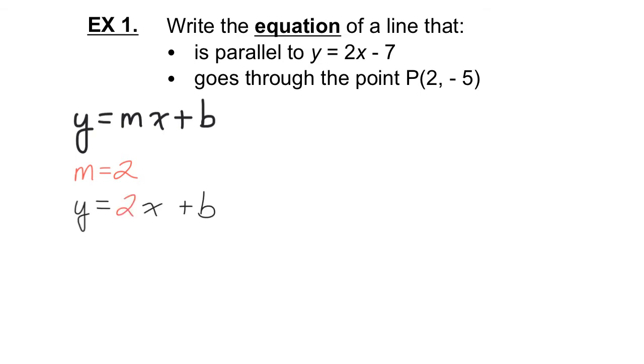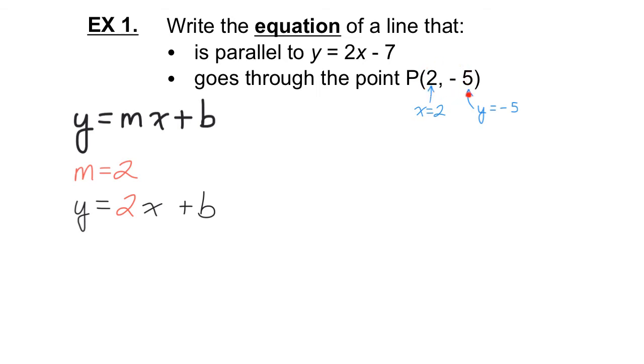Now we have to figure out the y-intercept, b. Well, the only other piece of information we know is that our line goes through this point. So we can use this to figure out b. We know on the line when x is 2, y is negative 5.